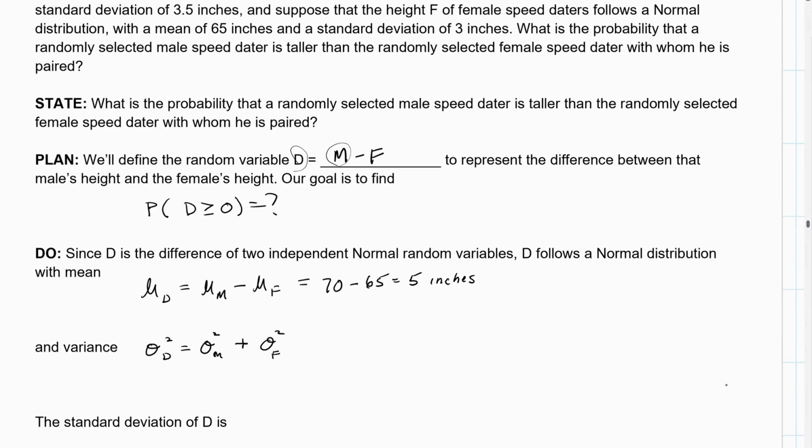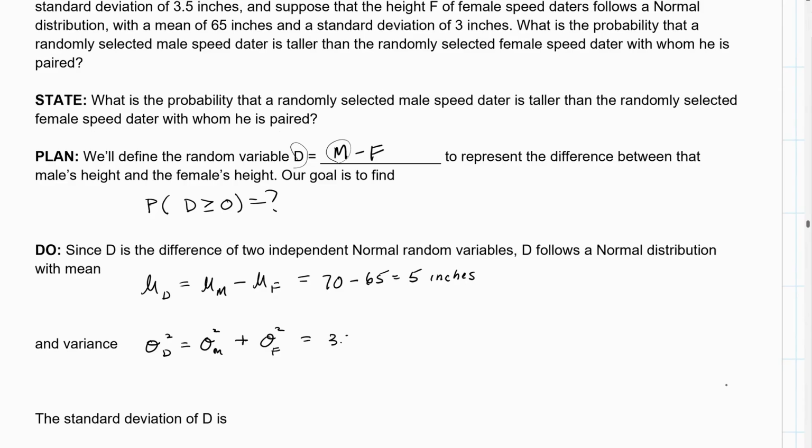And according to this, 3.5 is the standard deviation of the males, so 3.5 squared is the variance. And that 3 is the standard deviation of females, and so therefore 3 squared is the variance of the females.